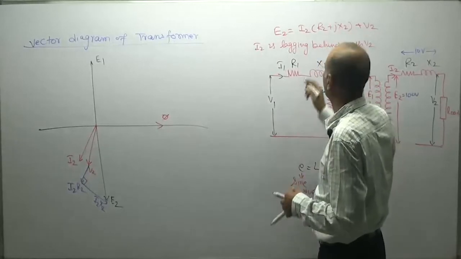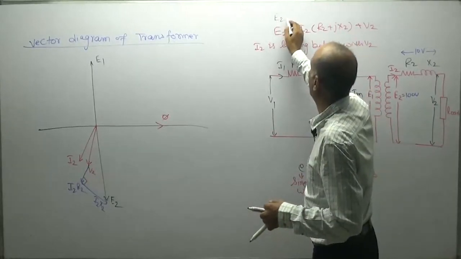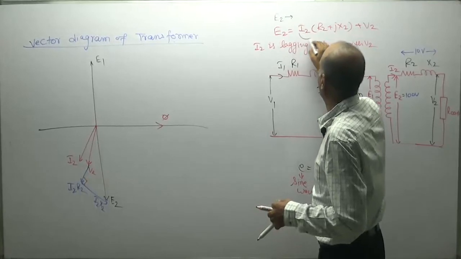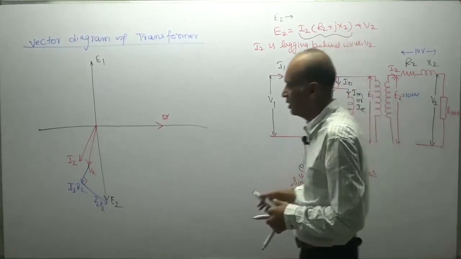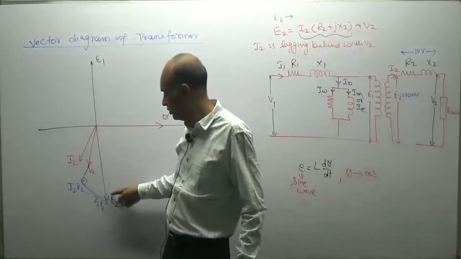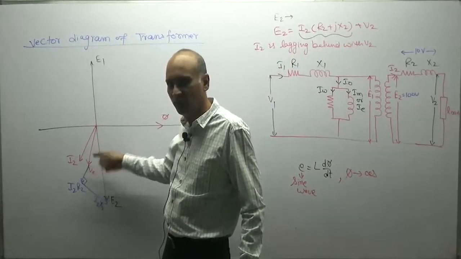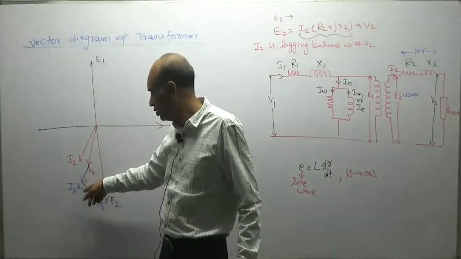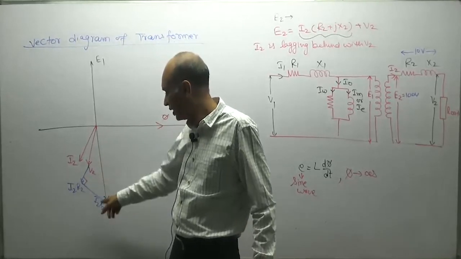You can see E2 is V2 plus I2 R2 plus I2 X2.